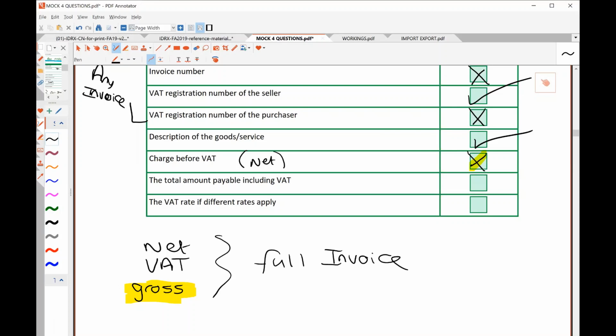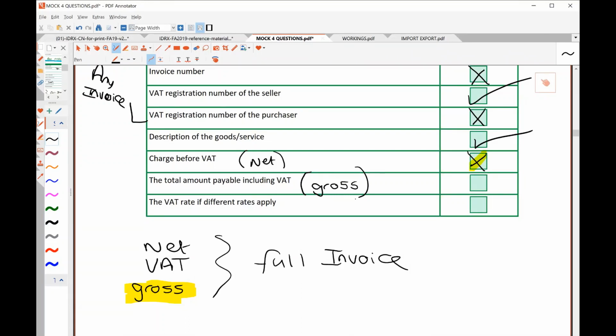What about the total amount payable including VAT that we've already discussed and we know is called the gross? Well, if we're not showing the amount before VAT, we have to show an amount on that invoice, don't we? So surely the best figure to put on that is the total amount that you want to receive from your customer.